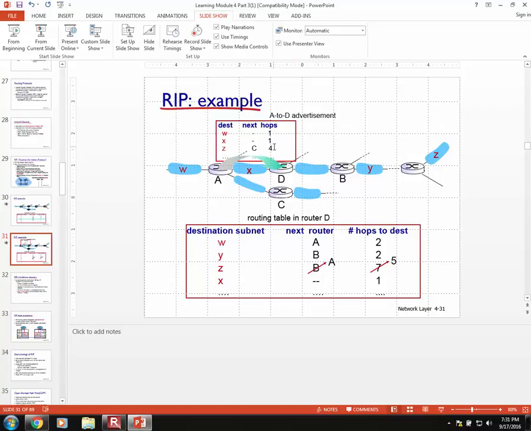Once it receives this advertisement, it updates the routing table, and instead of saying go through router B, which takes 7 hops, we're going to say now go through router A, which you can do in 5 hops, and of course D would not have known that had it not received that advertisement from router A. And this happens again and again, every 30 seconds or so, these updates. And this information keeps on changing and keeps on getting better unless some router dies, then the data might start getting worse.